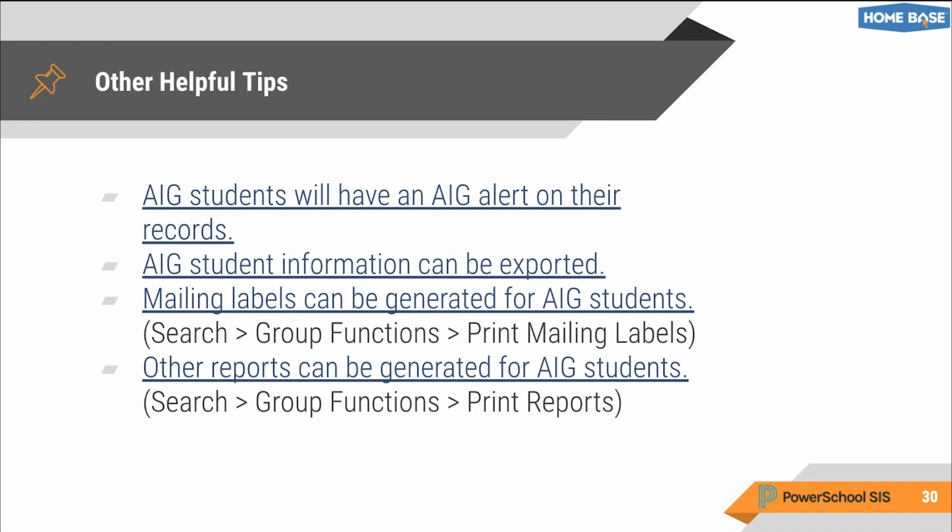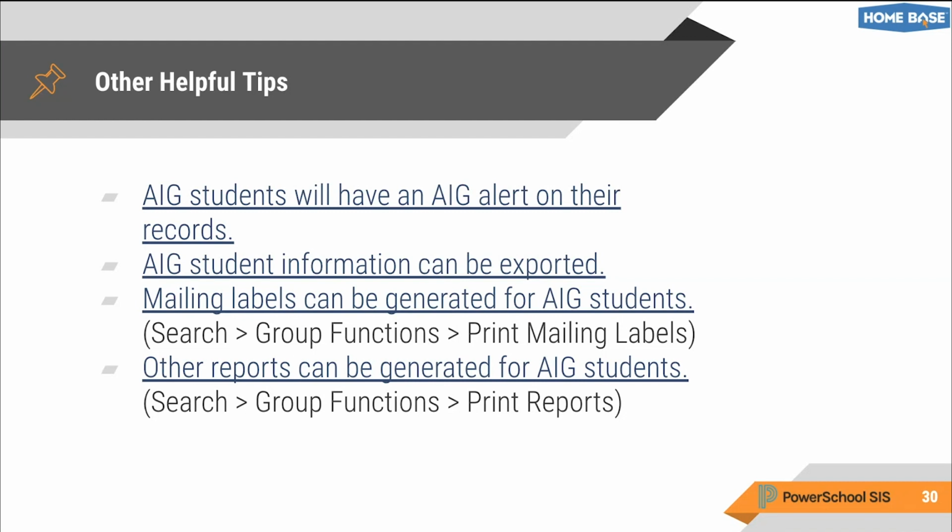And I would say also that the student has to be currently enrolled in AIG programming. So if a student has been withdrawn for some reason, that alert button will no longer be visible. But so long as they have a current open record, so to speak, they will have that feature.